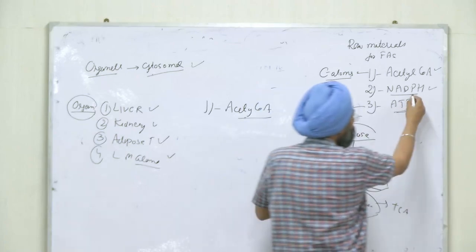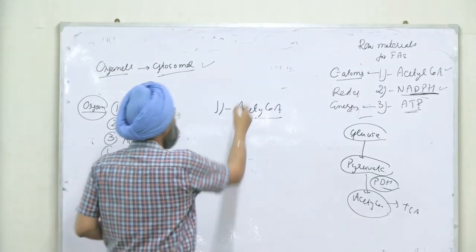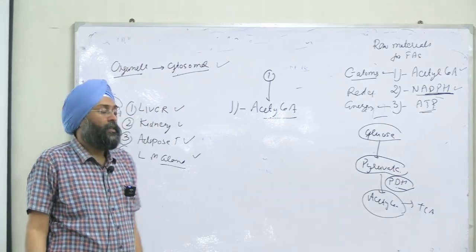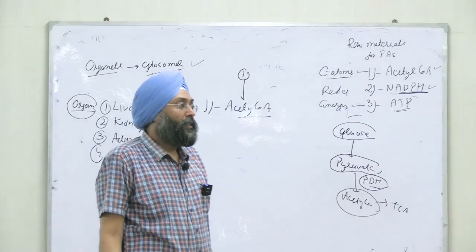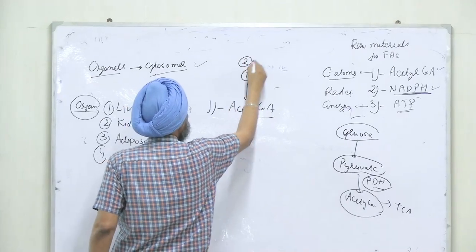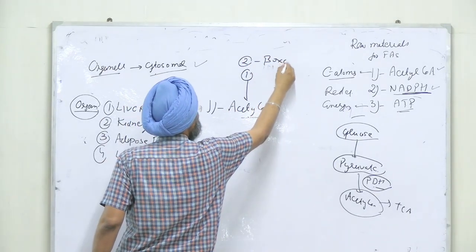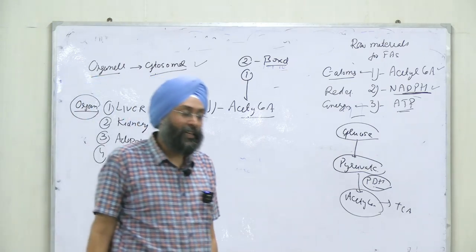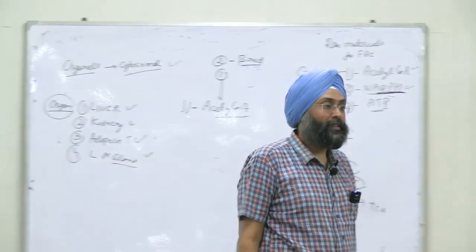Any other sources of acetyl CoA? One is clear. Any other sources of acetyl CoA? We did beta oxidation in the previous class, during even chain fatty acids. What are the two products?